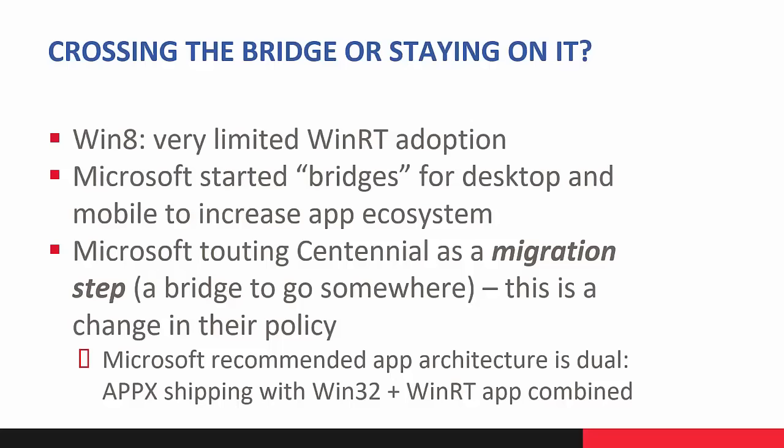And as a migration step, they encourage creating an APPX with 2 applications, the Win32 app and a WinRT app that leverages the native features of WinRT, and then using socket communications between the two. Given that a Win32 application can access a lot of the WinRT APIs, this seems really not based on technical grounds.